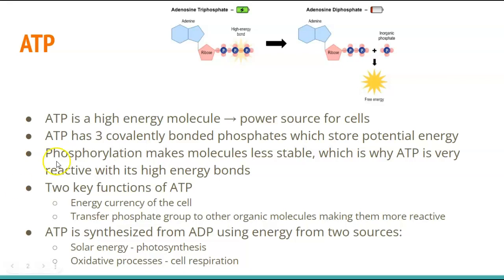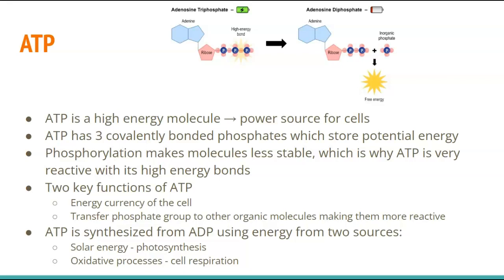ATP has 3 covalently bonded phosphates, right? Adenine is the A, and then triphosphate, 3 phosphates. That's what ATP stands for, adenosine triphosphate. When phosphorylation happens, it makes the molecules less stable, which is why ATP is super reactive, because it has really high energy bonds.